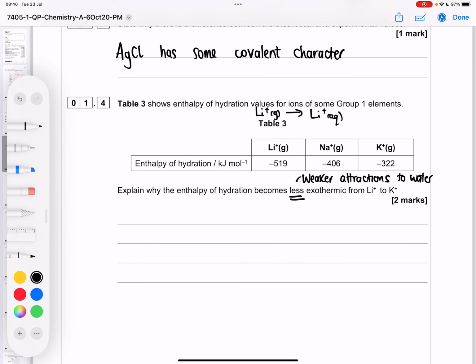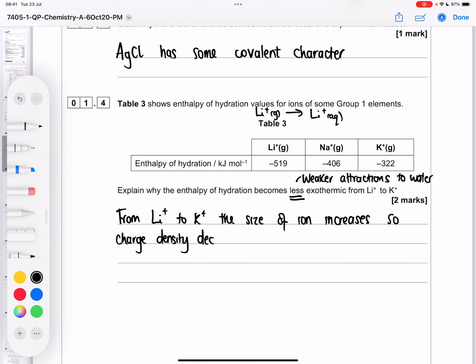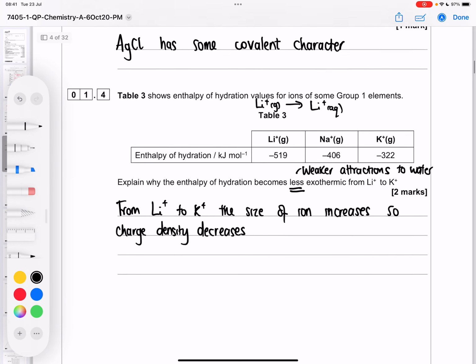Okay, so as we go from Li+ to K+, the size of the ion increases. So charge density decreases because it's charge divided by size. The charges are the same, sizes are getting bigger.